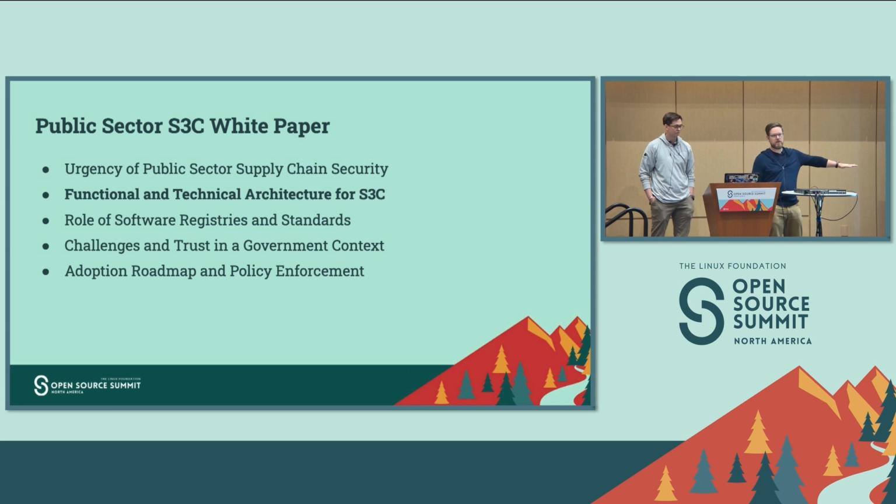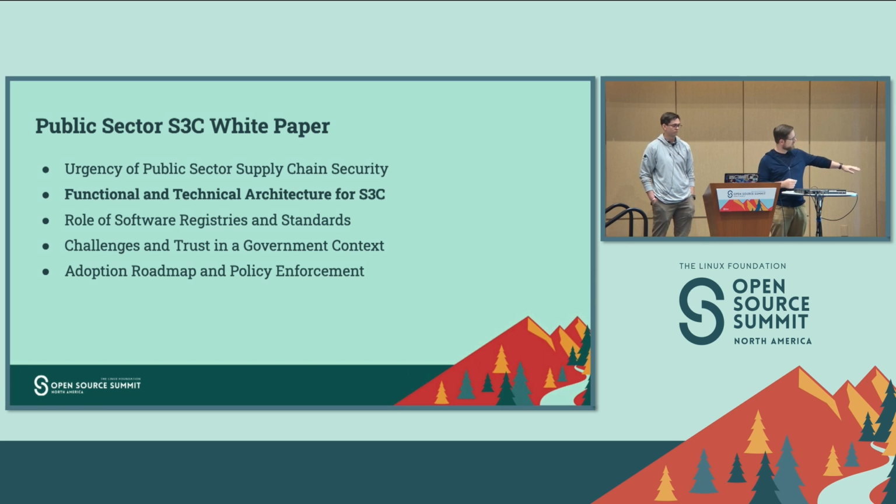In that paper, we of course want to highlight the urgency of securing public sector supply chains. We spent a few moments doing that here as well. We talk about a functional and a technical architecture for how to build trust in your supply chains.